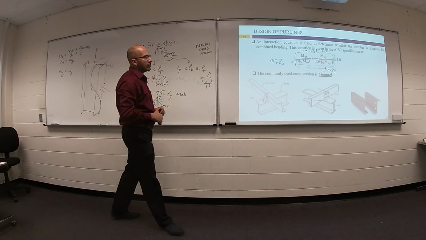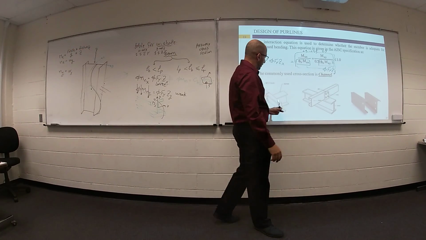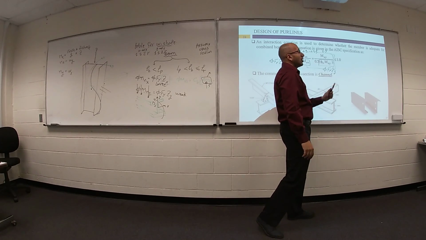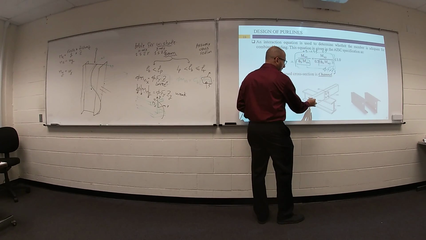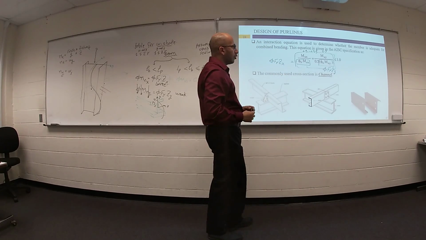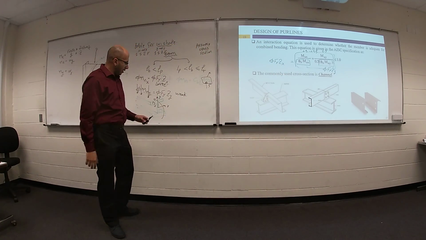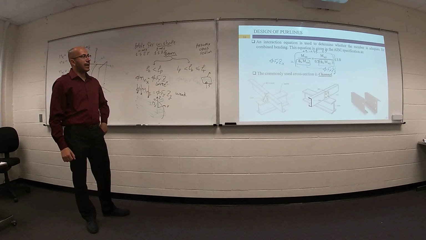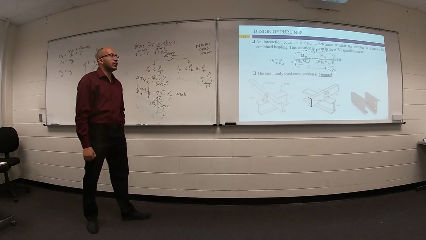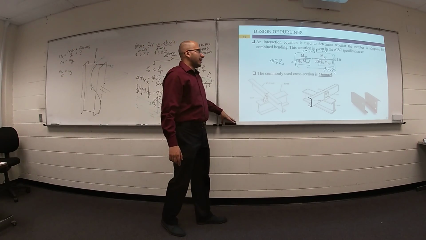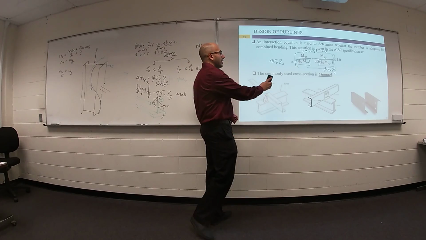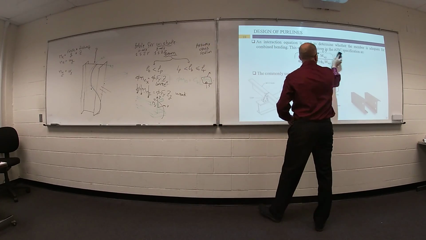The commonly used cross section for purlin is a channel, something like this. And you have a table called Design of Purlin for all dimensions and all cross sections for channel. Any question? Let's do an example.